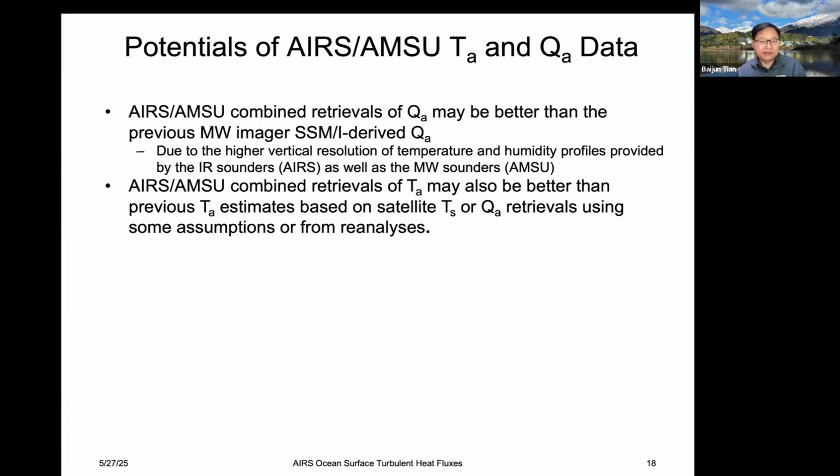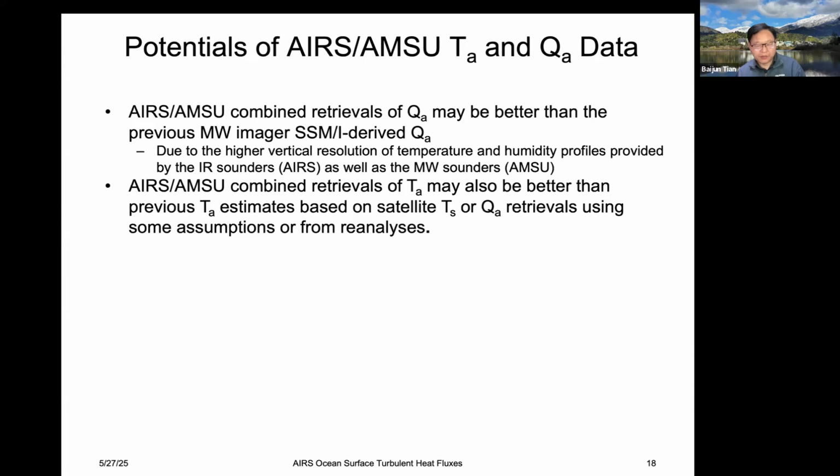But we think we have good opportunities, and we think the AIRS/AMSU combined retrieval of near surface humidity may be better than previous microwave imager products, such as SSM/I-derived Q sub A, because the AIRS/AMSU has both infrared sounder and microwave sounder information, and has more information for the near surface humidity.